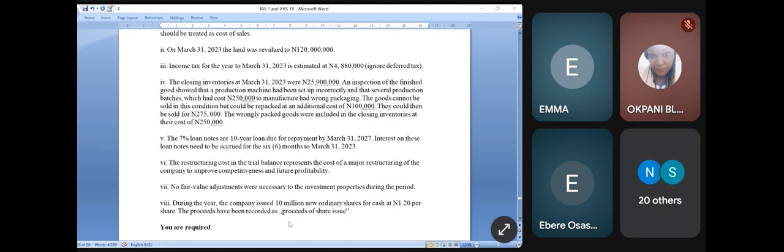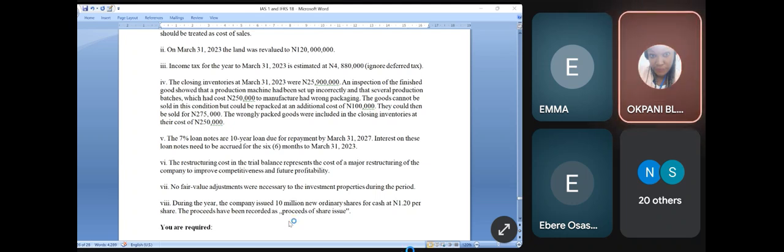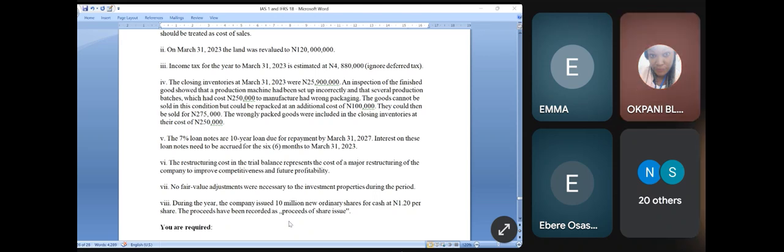Are you getting it now? The repackaging cost is stated there, which is 100. The additional cost to repackage is 100.